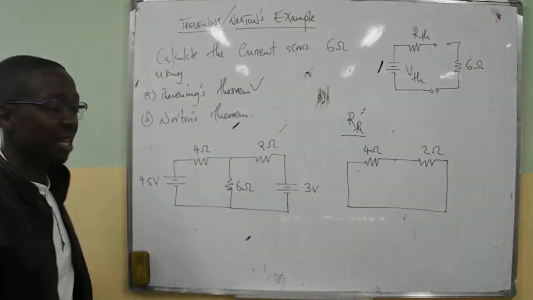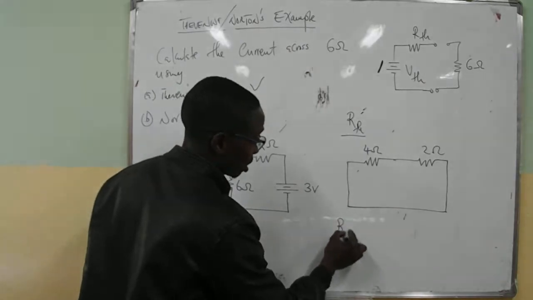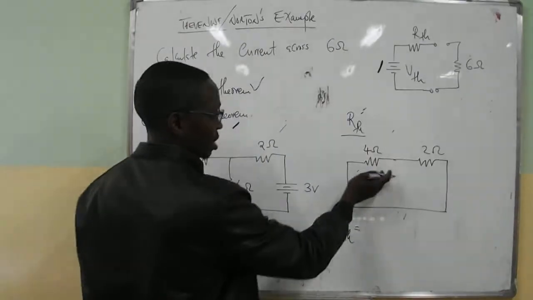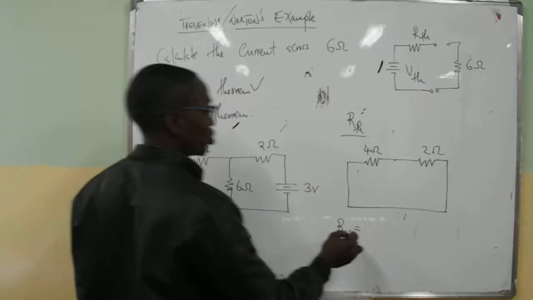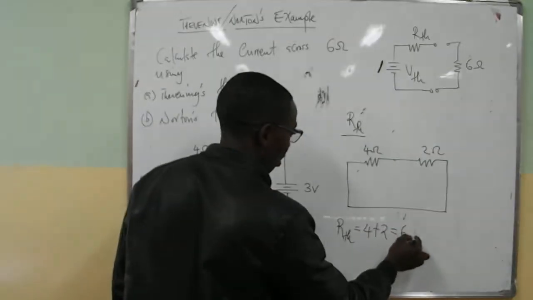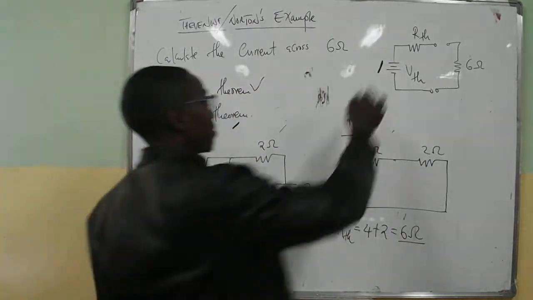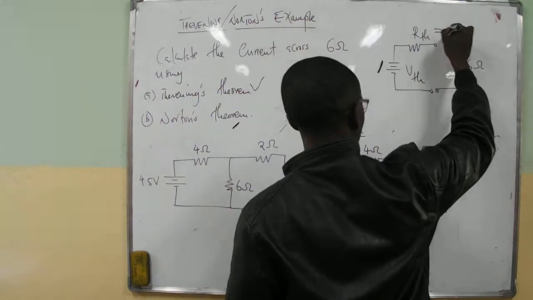Upon having that, find the equivalent resistor of this circuit. So the equivalent resistor, which is the Thevenin resistor, these are just connected in series. So it's a series combination of the 4 as well as the 2, and you remain with the 6 ohm as the equivalent Thevenin resistor. So the Thevenin resistor has been found there, which is 6 ohms.